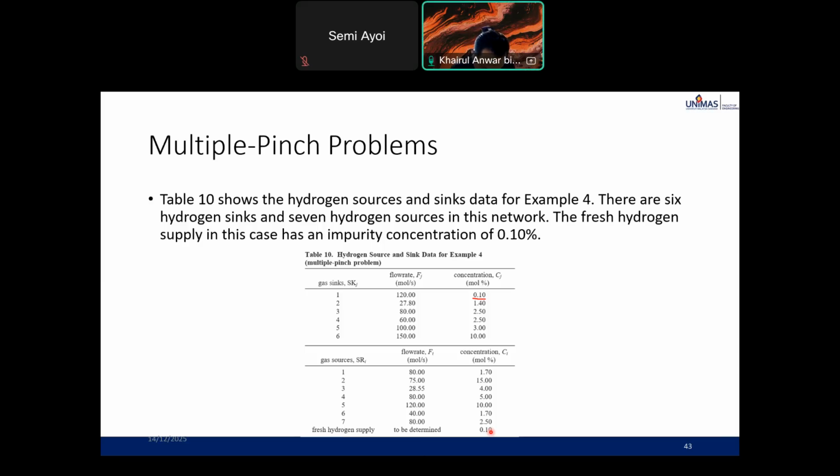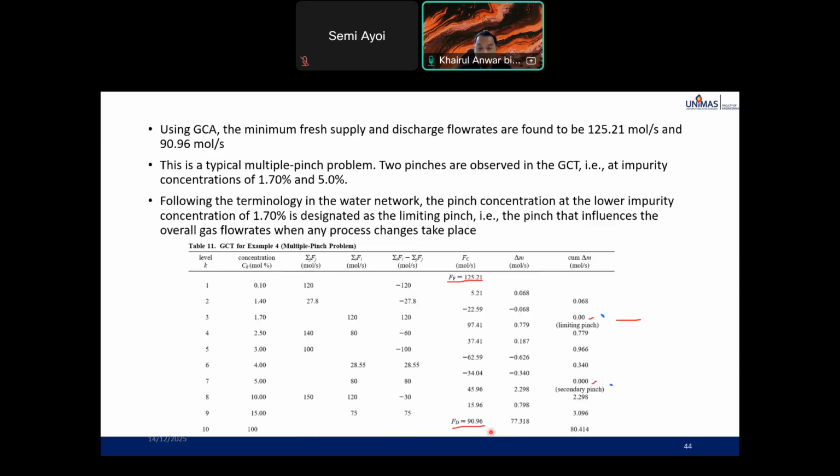So table 11 shows 2 pinches, at the composition levels 3 and 7.